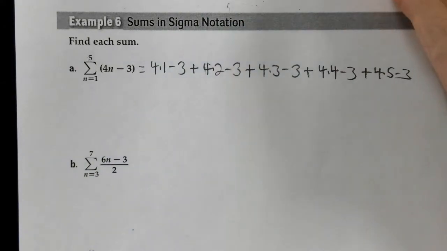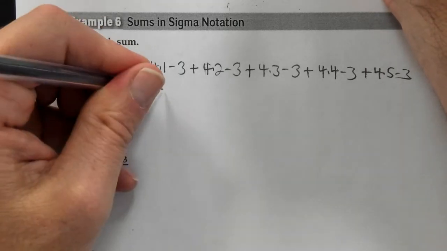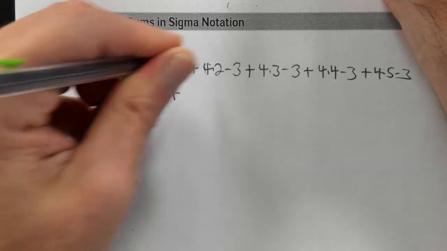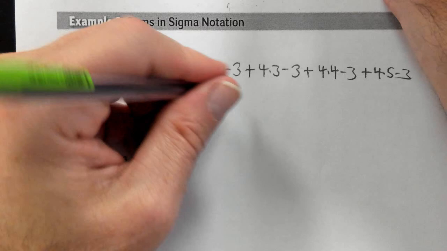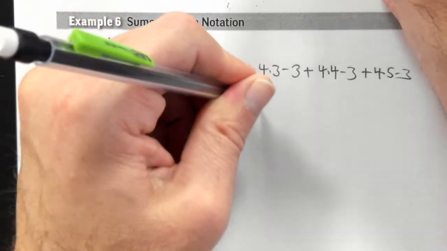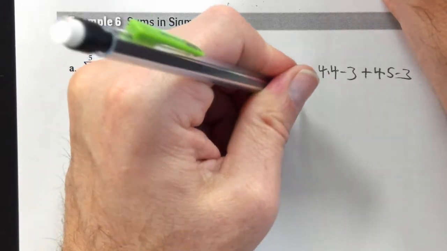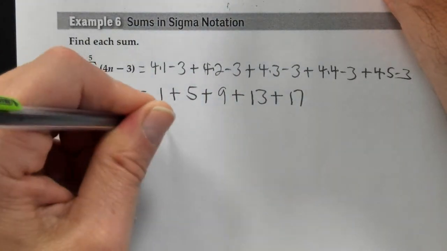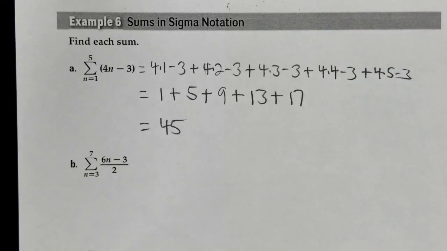All right? That would be the sum. Simplifying it now, that's going to be 1 plus 5 plus 9 plus 13 plus 17. That will all add up to 45. So again, we want to add up the first 5 terms in this sequence. All right, so that's my sum.